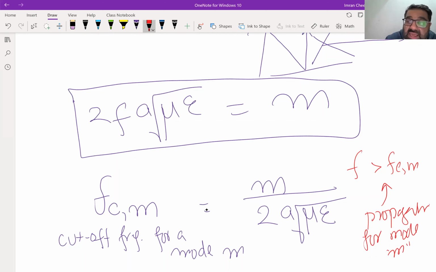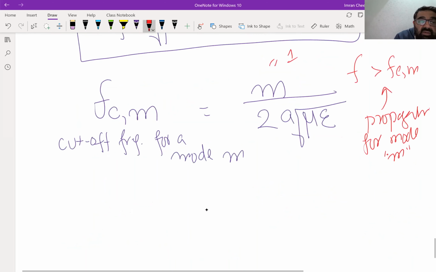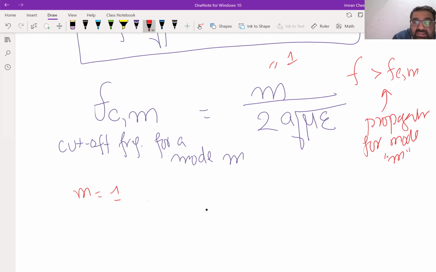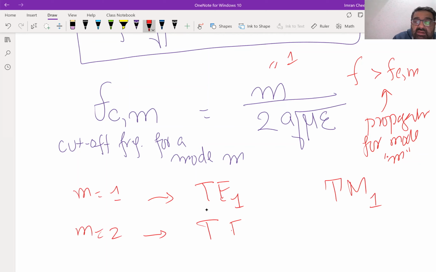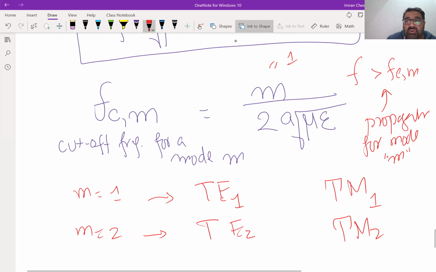Mode m का मतलब ये है कि m is equal to 1 का मतलब है in this case TE1, या अगर हम TM डिस्कस कर रहे हैं उसका भी एग्जैक्टली यही एक्सप्रेशन निकलेगा, वो TM1 होगा. अगर m is equal to 2 है it means it is a TE2 mode या TM2 mode.